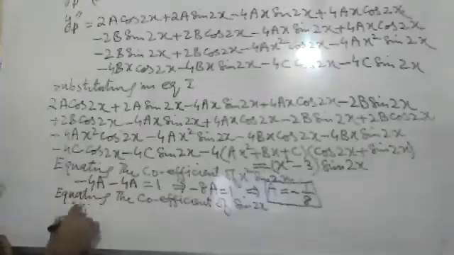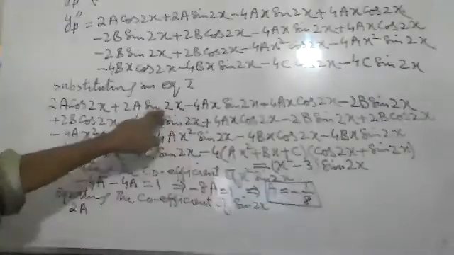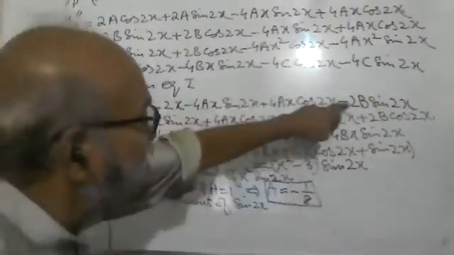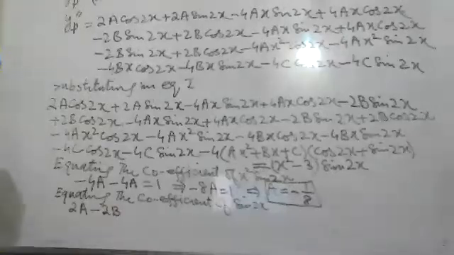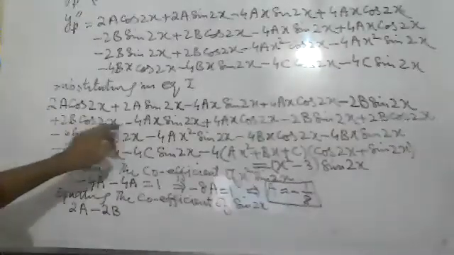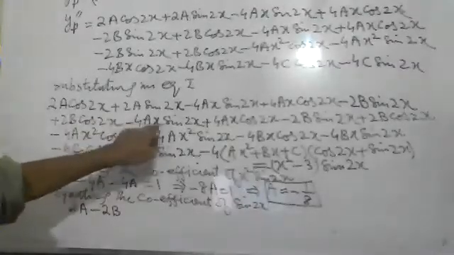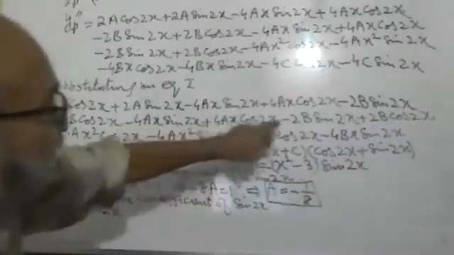This is 2a sine 2x. 2a minus 2b. This is x sine 2x, x cos, minus 2b. This is also the coefficient of sine 2x, minus 2b.